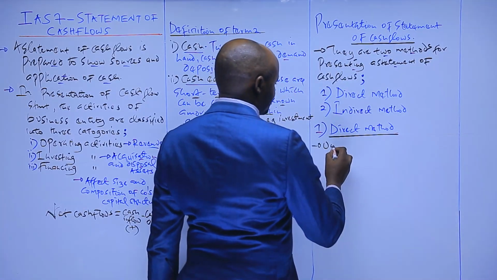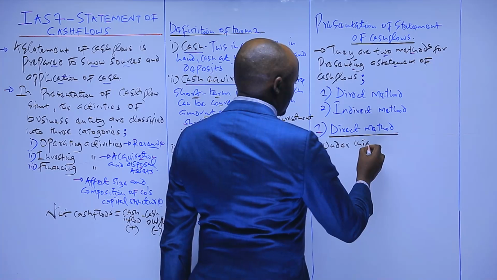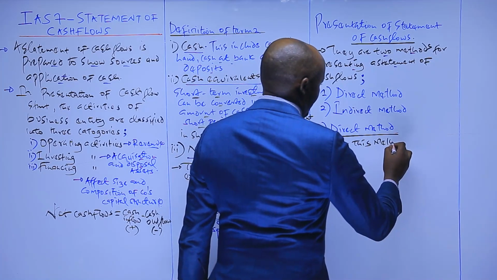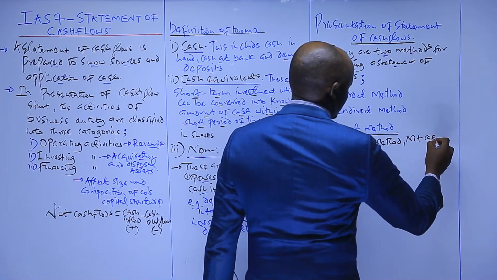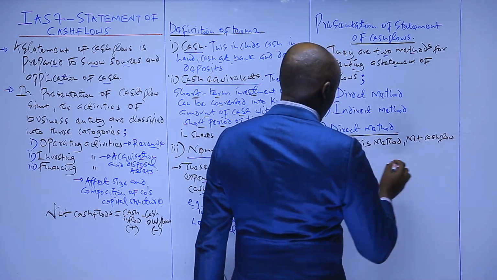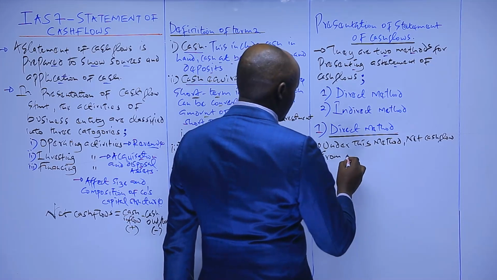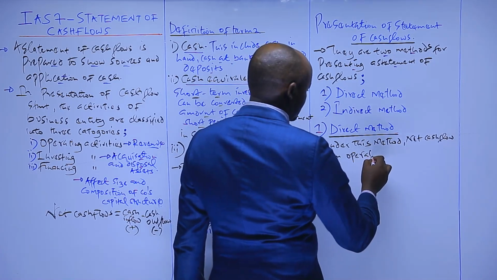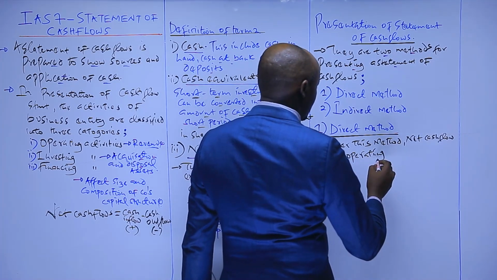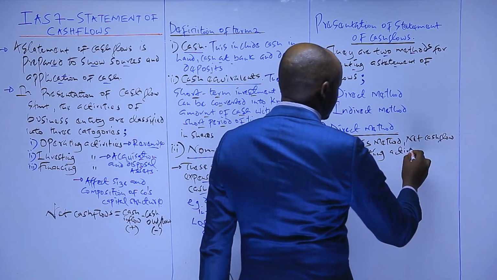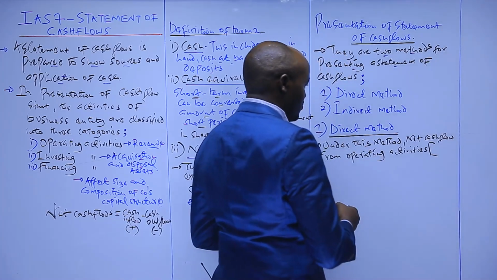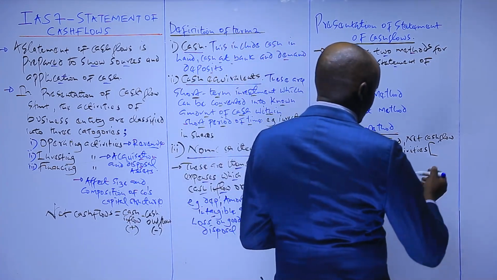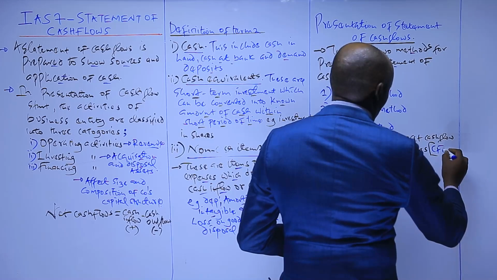Under this method, net cash flows from operating activities, and we abbreviate this as CFO.